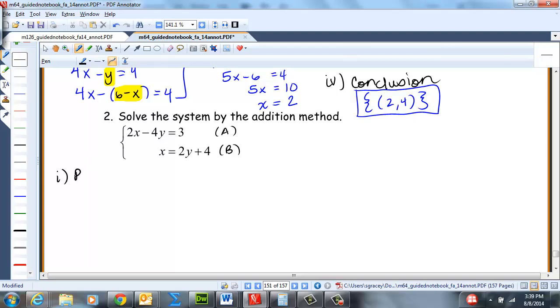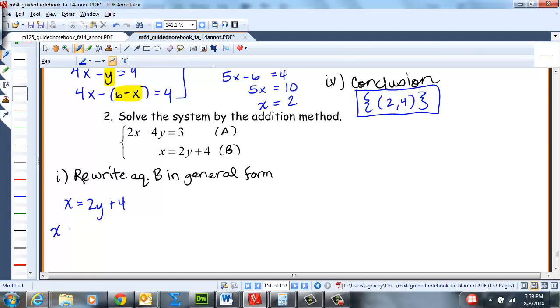Rewrite equation B in general form. Basically, you want the constant on one side and the variable terms on the other. So x equals 2y plus 4, if you subtract 2y from both sides, you get x minus 2y equals 4.